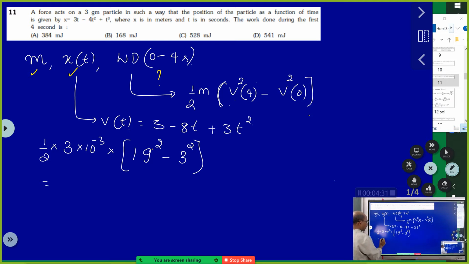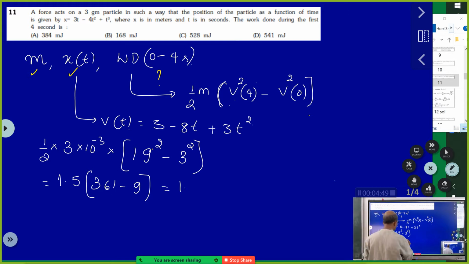Simple. So you will get 1.5 into 19 square, you remember? 361. Excellent. Minus 9.